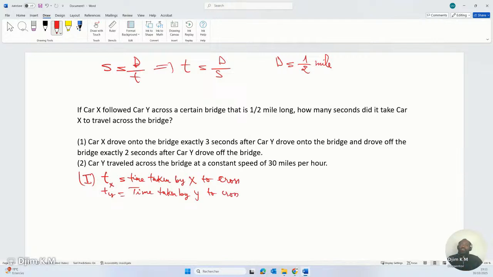So since car X drove off exactly, even though it drove on the bridge 3 seconds after, we can assume that the time taken by x is equal to the time taken by y minus 1 second.